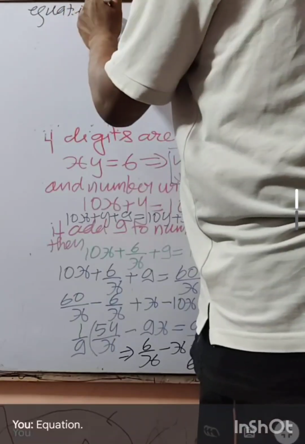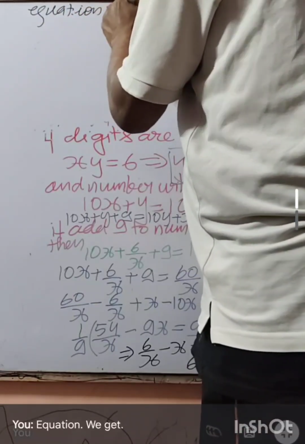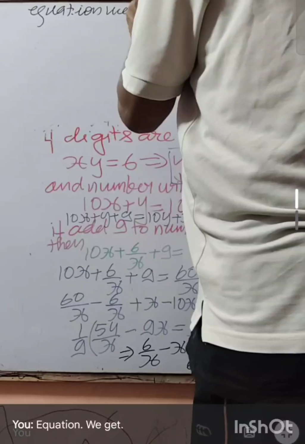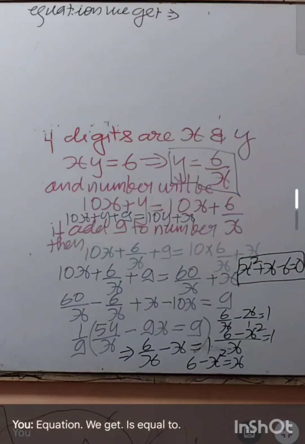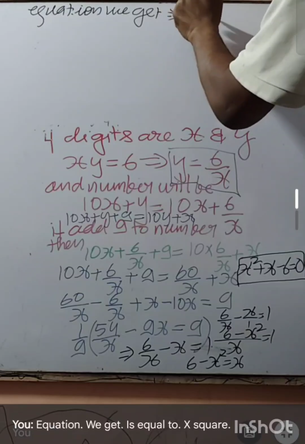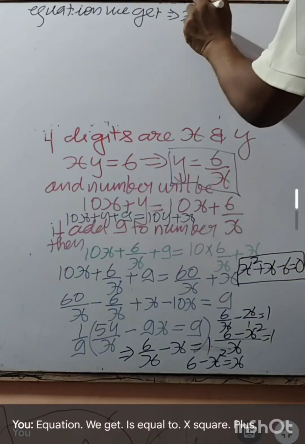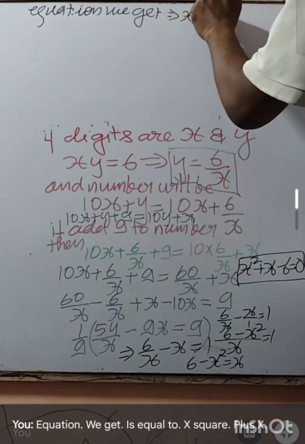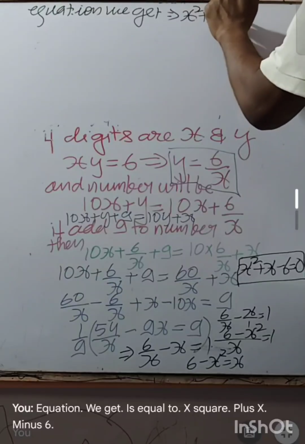The equation we get is x square plus x minus 6 is equal to 0.